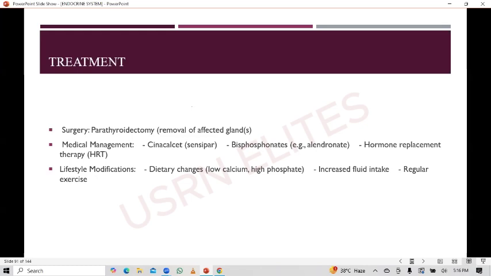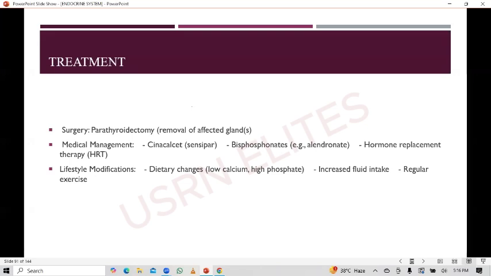Then medical management, we have the drugs, the bisphosphonate and the cinacalcet. These drugs can also be given to correct the situation. With the phosphate, in this condition there are low phosphate levels, right?